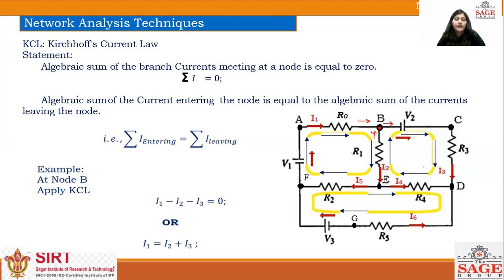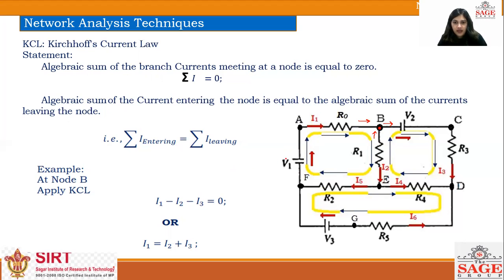Okay, so whenever we talk about algebraic sum, we will always be very, very careful about our sign. I have completely explained how we consider positive and negative signs, and one more time, I don't have any issue, I'll explain one more time.